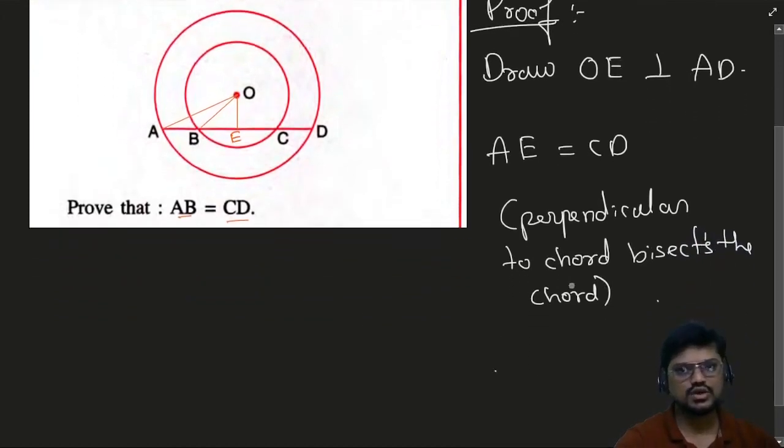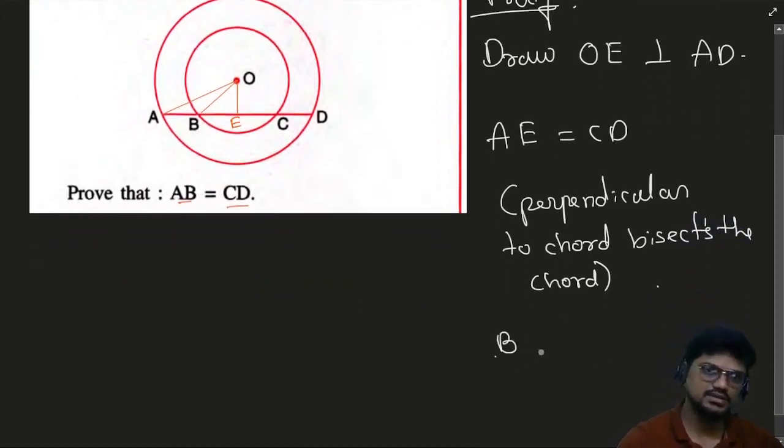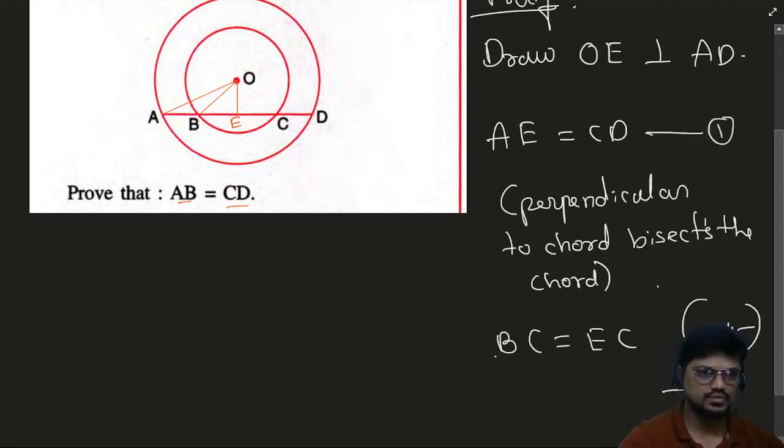Okay. Also, I know that BE is equal to EC. The same reason: perpendicular to the chord bisects the chord. If this is my 1 and this is my 2. Wait, not BC. It will be BE.